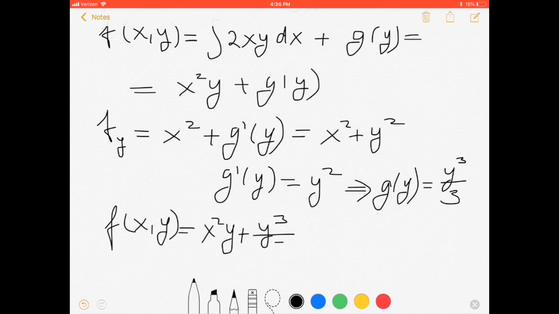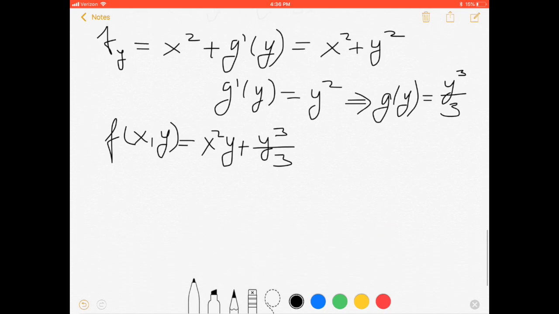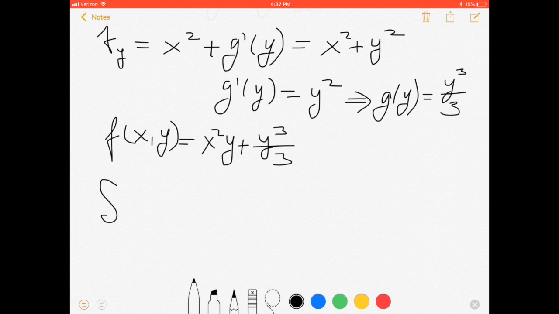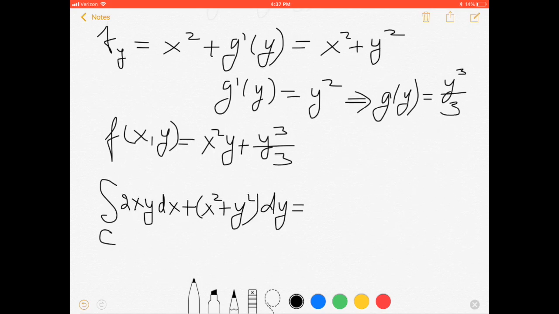And my line integral, 2xy dx plus x squared plus y squared dy, will be the difference of values of my potential function: f of 0, 4 minus f of 5, 0, not 0, 5, sorry, 5, 0.